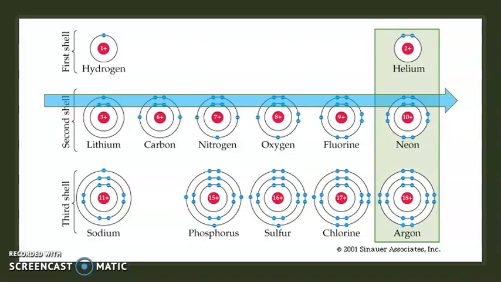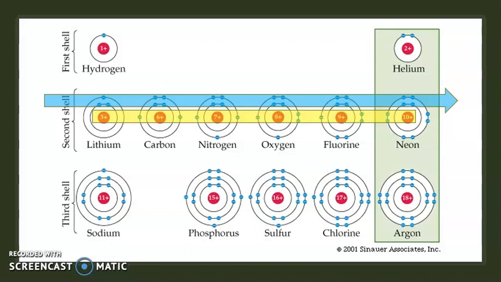Now, yes, there are more electrons filling in, but it really doesn't matter. That shell is not going to be any bigger. It's there. But what does change, and this is the most important part, is the number of protons on the inside of that nucleus. More protons, more power, more pull.